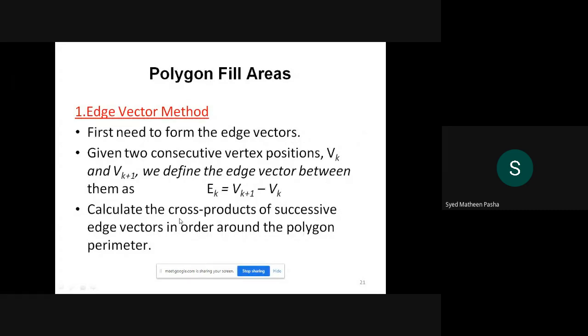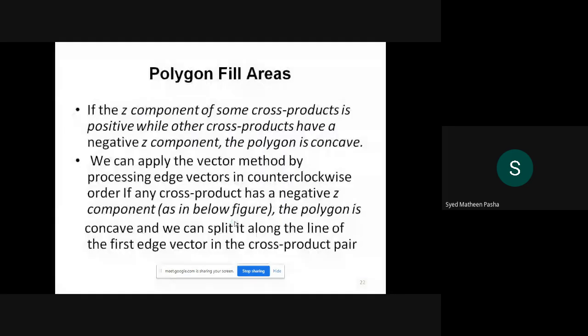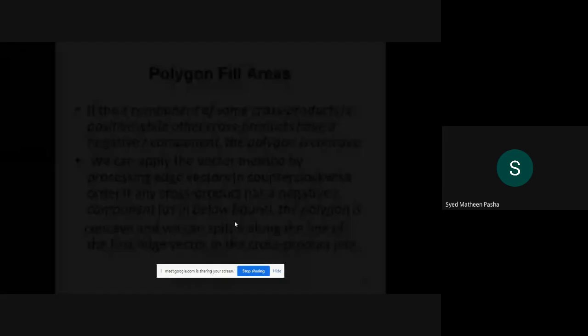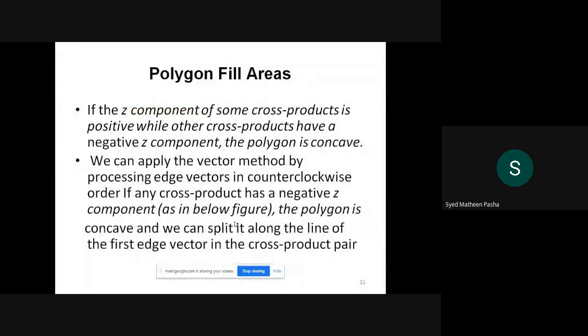Then I will calculate the cross product of that particular edge vector, so that I will get a polygon perimeter there. Once I get the edge vector, then I will calculate the cross product. When the cross product is calculated, I will take a component called z, which gives some cross products where we get some positive as well as negative values.